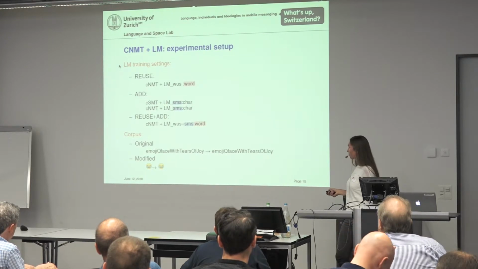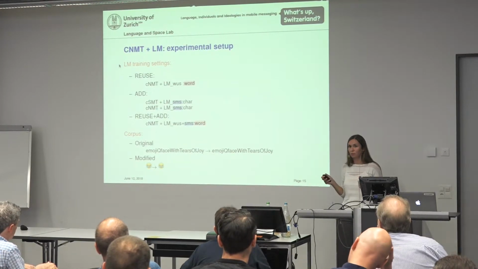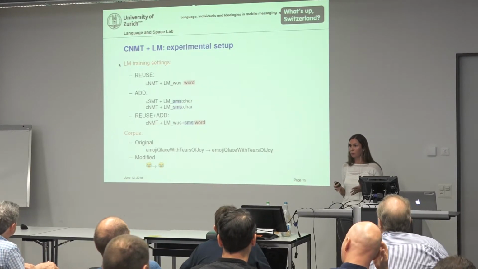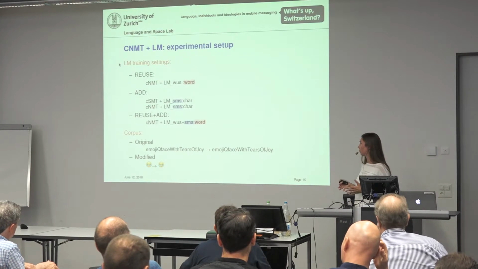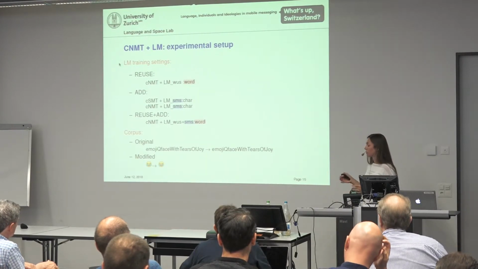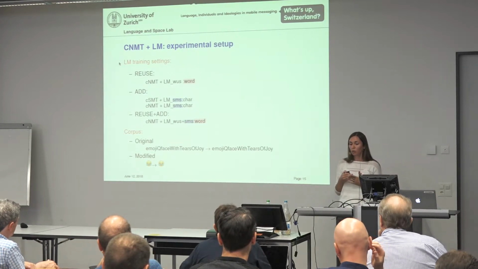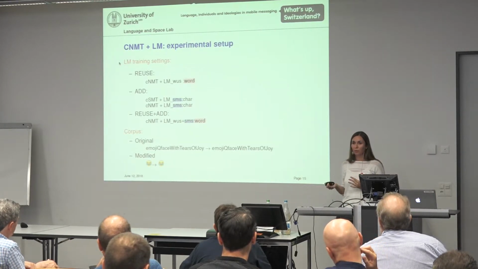In the modified version, we replaced those strings of characters back with the Unicode representation and treated them as an entry in the vocabulary. We believe that this modified setting better reflects the scenario of normalizing running text.